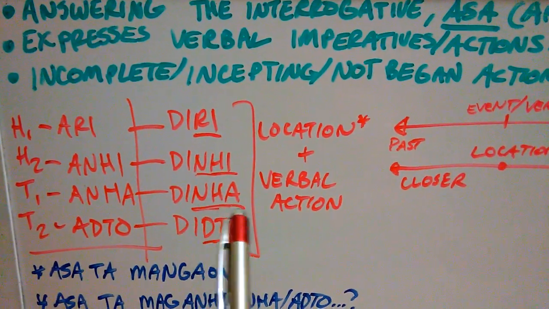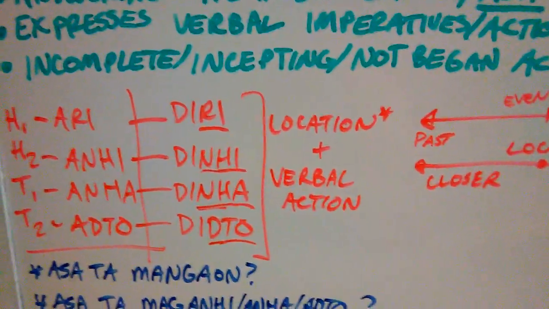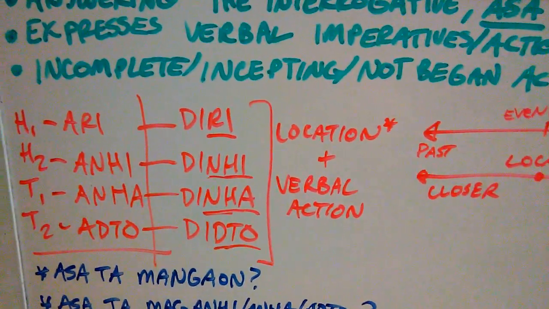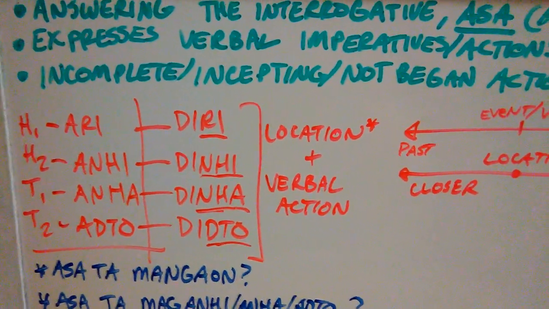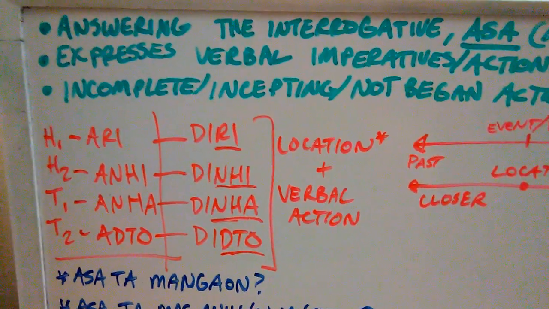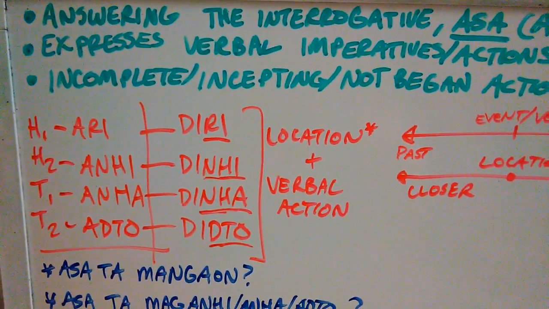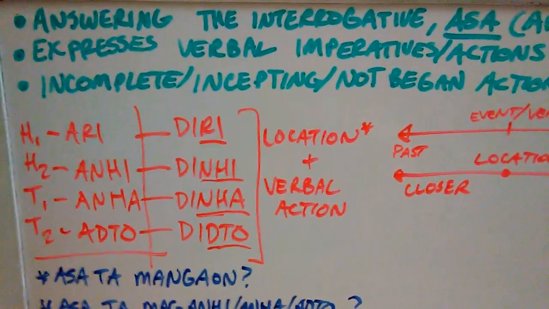So those are the only words that can be paired up with each and every one of these specific verbal actions of movement. All right. You can never say ari dinha or ari diddo. No, you cannot. They have to rhyme. Ari diri, anhi dinhi, anha dinha, addo diddo. Okay, those are the only combos that you can have.